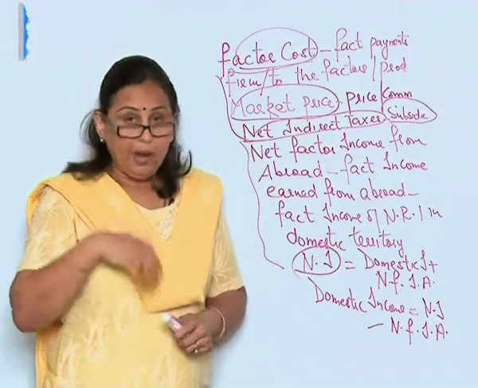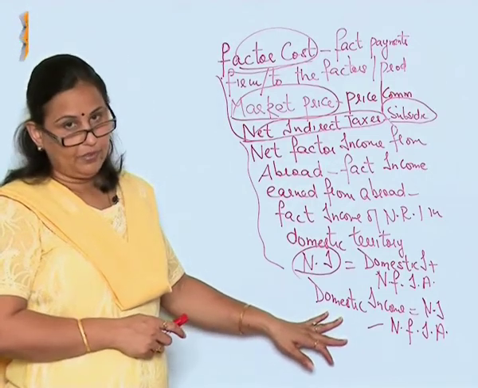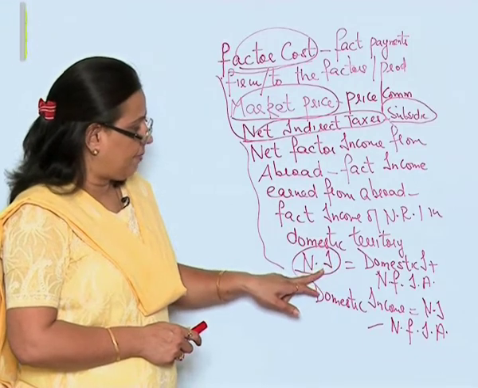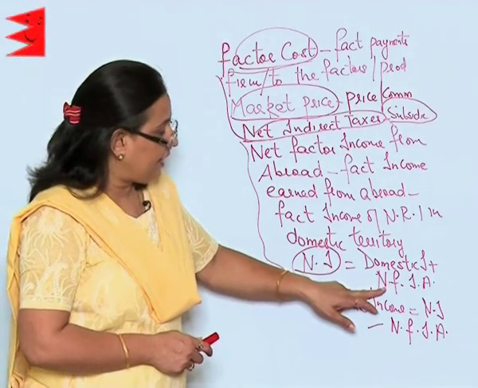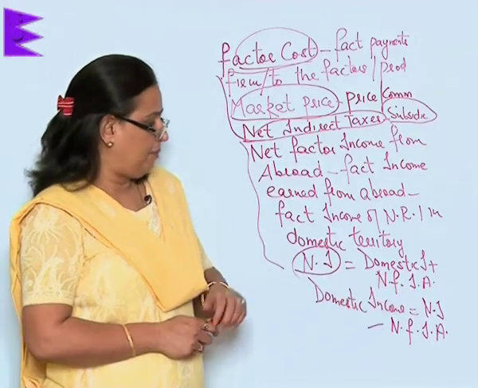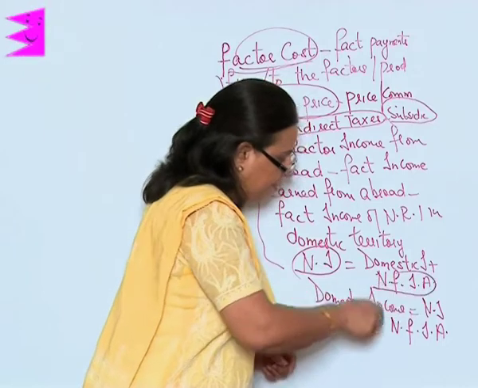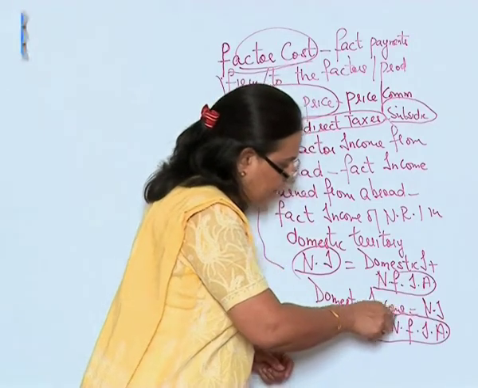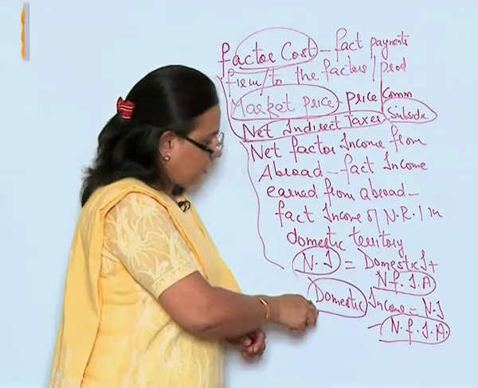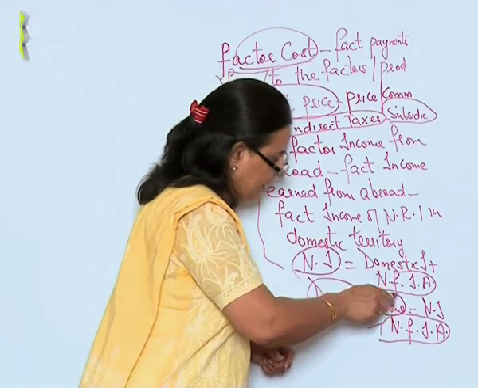That is, whatever income is generated within the country and whatever is being earned from outside gives me the national income. But when I have to calculate the domestic income, I will calculate national income minus the net factor income from abroad, because the net factor income from abroad is not income generated in the domestic territory. So, it is not to be calculated in the domestic income.